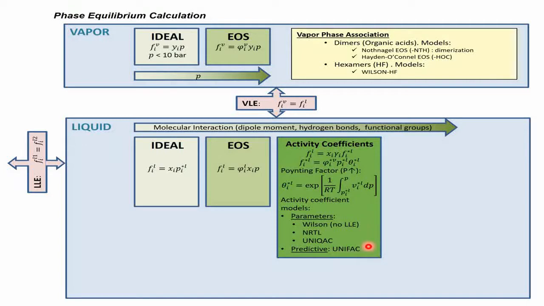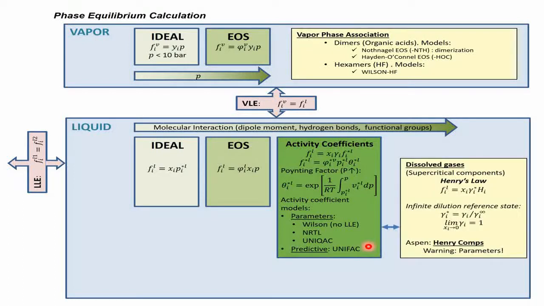In the case that in our mixture we do not have only condensable vapors, this is liquids, but also supercritical gases, for example oxygen, nitrogen, methane, we must calculate the fugacity of these components using a different model, which is Henry's law.